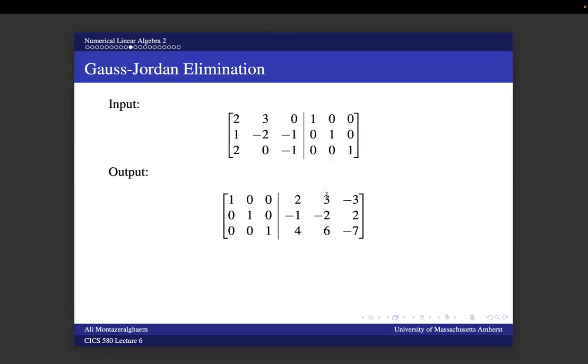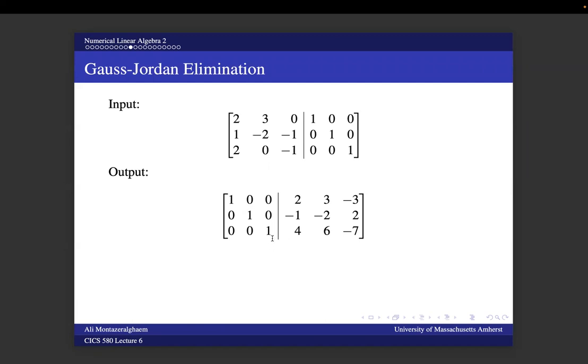If we have a matrix with 3 rows and 3 columns, it is also the same: the input is the concatenation of the original matrix and the identity matrix, and the output is the identity matrix in the left side and then the inverse of the matrix in the right side.